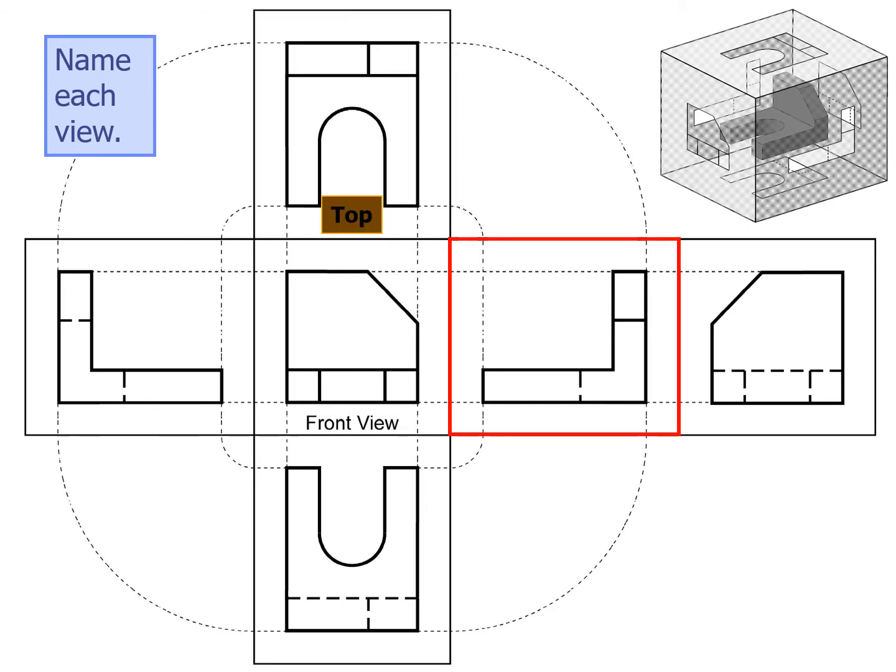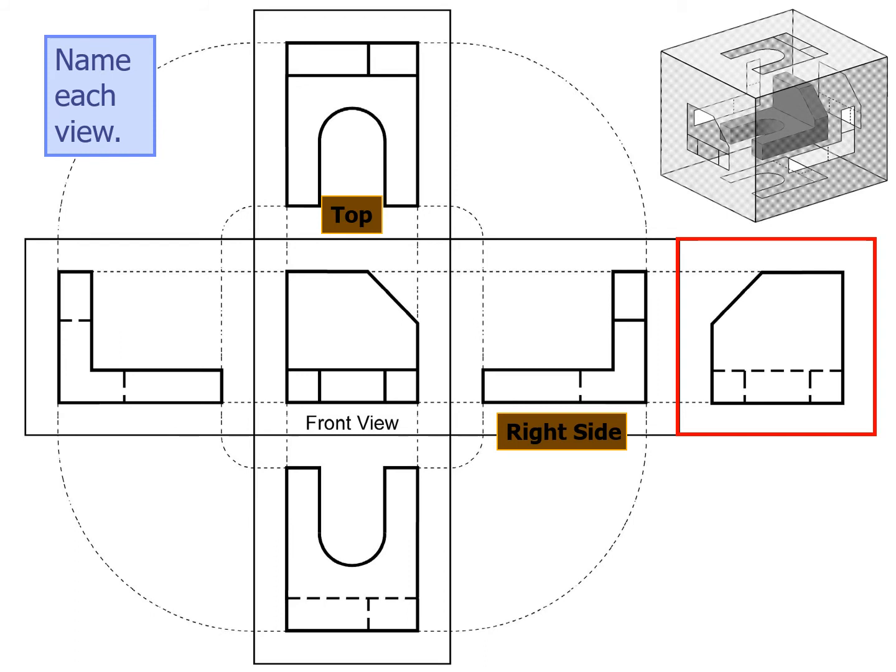Then what about this one here? You look at this one here, this is exactly the view over here. And that's one of our side views. This is what we call the right side view, because you look from this point, and that will be on the right side. What about the next one?